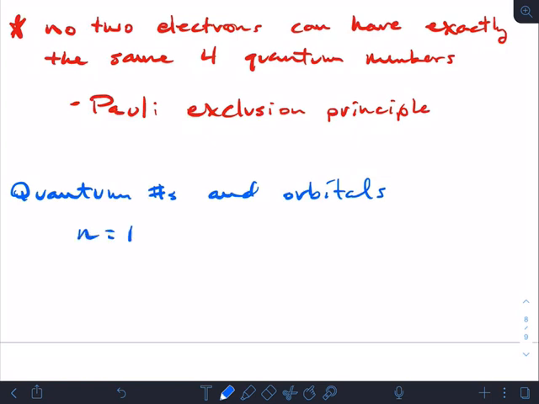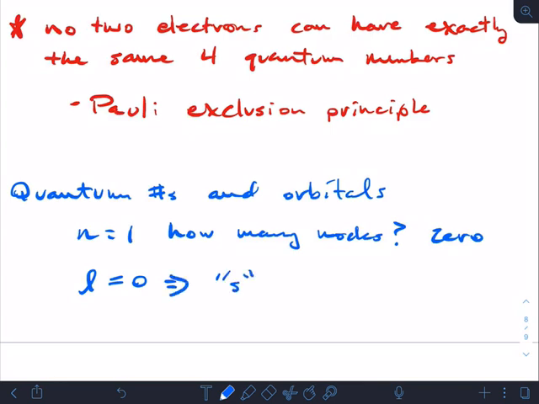All right. So, if n equals 1, how many nodes do I have? Zero, right? Because my number of nodes is n minus 1. So if my n is 1, then that means that my L equals 0, which means an s orbital, right?